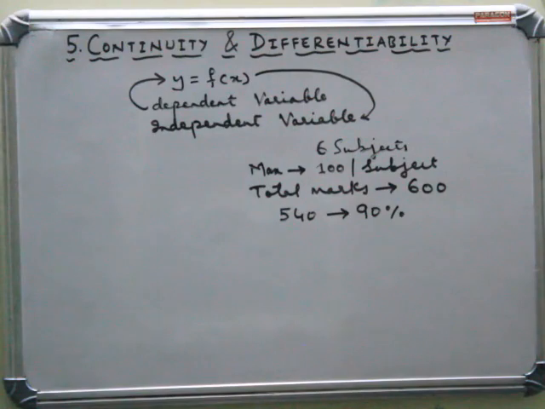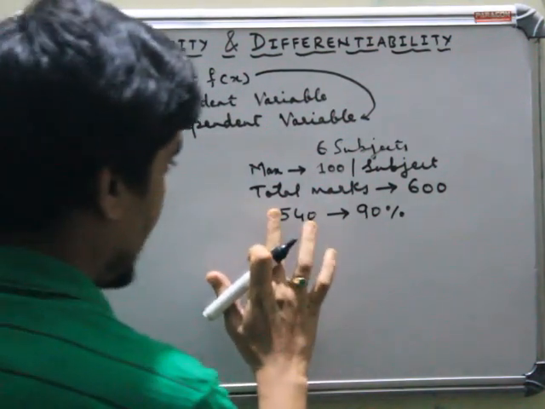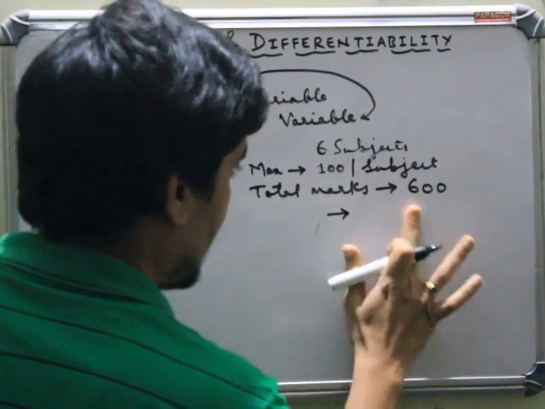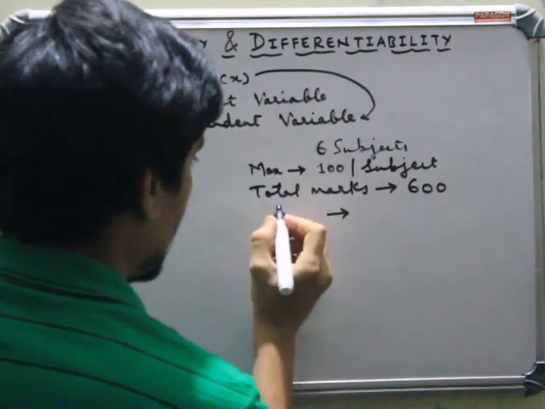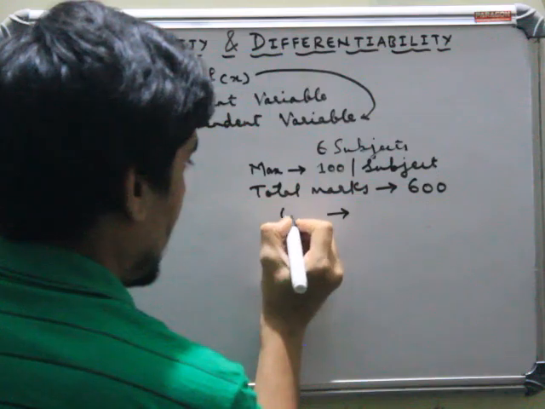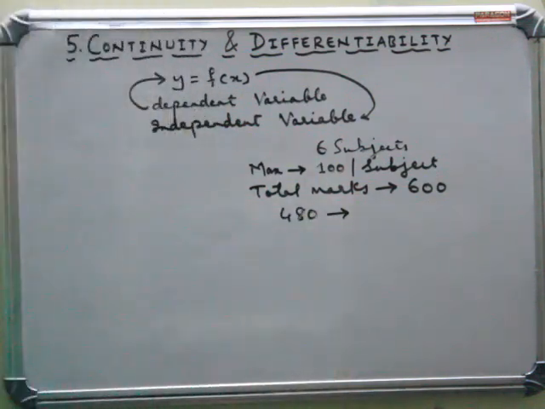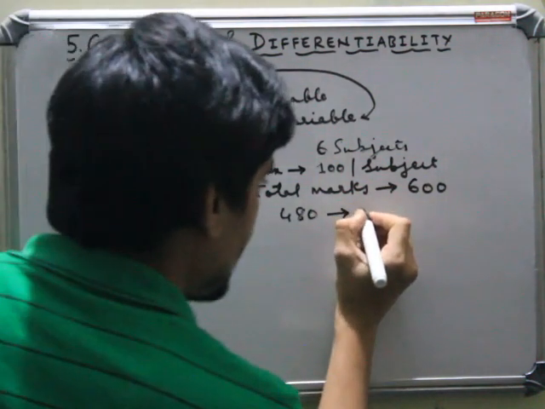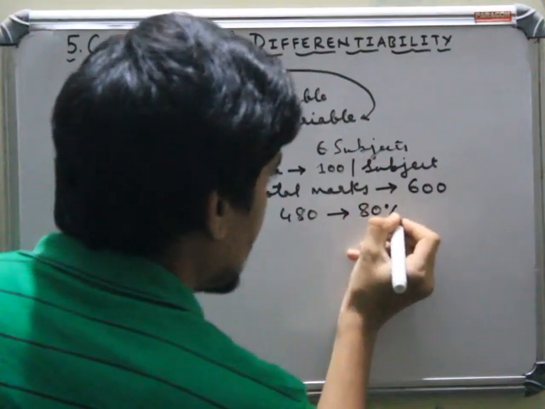Or we'll start with another number, 480. If you score 480 out of 600, your percentage will be 80%.